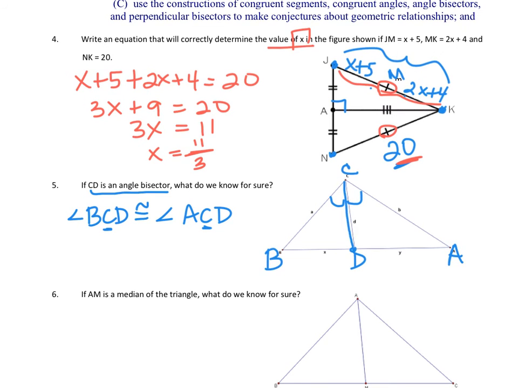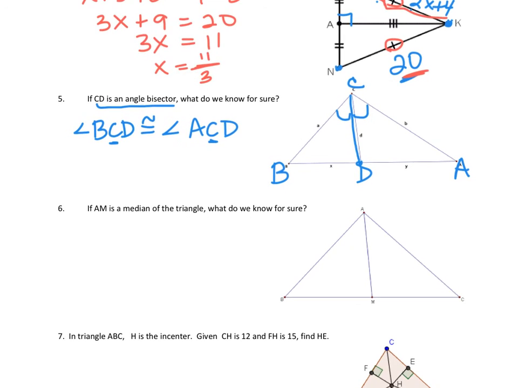Okay, angle bisector. All right, if we have a median, AM is a median. So we know that this has to be a vertex and this has to be a midpoint. So we know that BM equals MC.